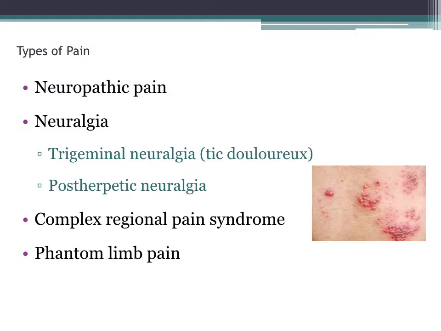The treatment is medication, and I'm going to say this wrong, I'm pretty sure, but it's carbamazepine, which is an anti-seizure medication. It is considered to be the first line of treatment for trigeminal neuralgia. They can also do some surgical interventions.